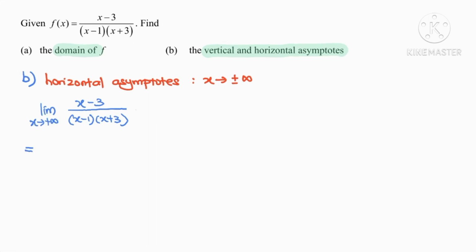First, let us expand the denominator. So we get x squared plus 2x minus 3. So the highest power in the denominator would be x squared. Now, we are going to divide each term by x squared.